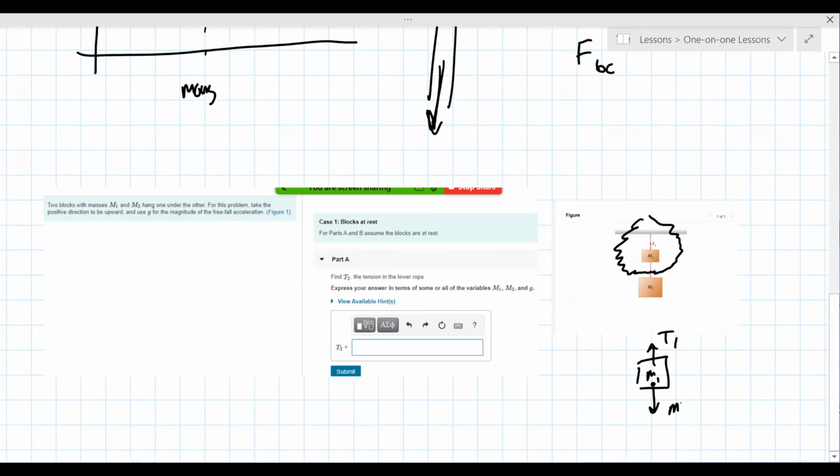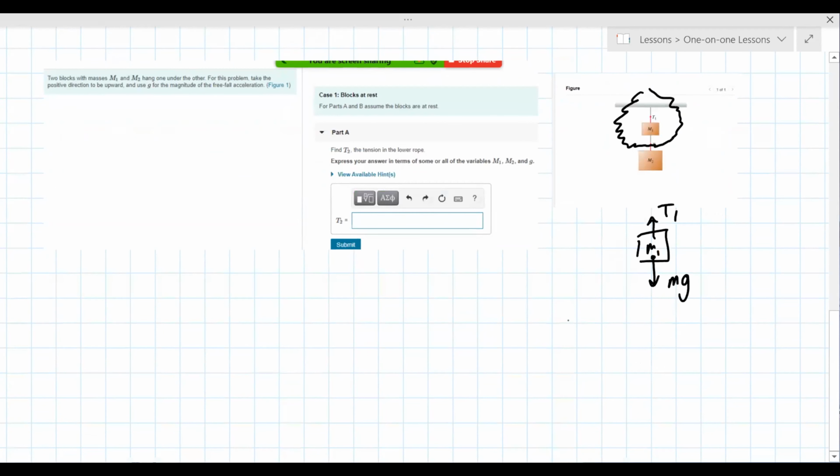Well, M1g is going down. M is generic, it refers to whatever it is. So T1 minus M1g equals 0, because we're choosing up to be positive and down to be negative. So T1 equals M1g.